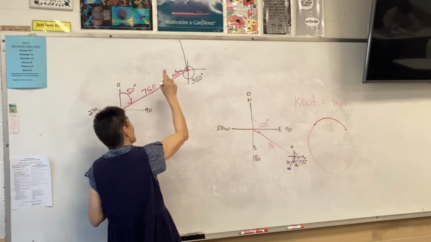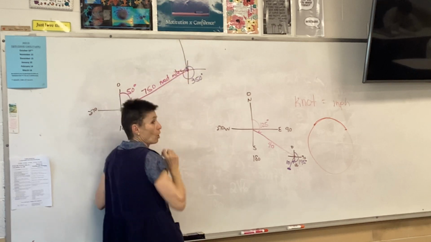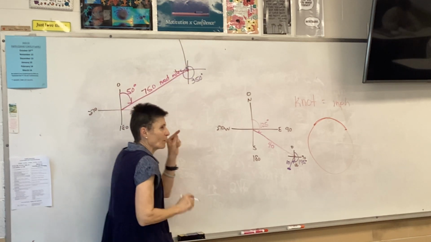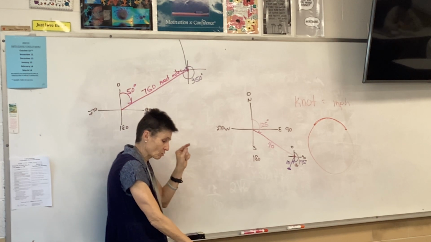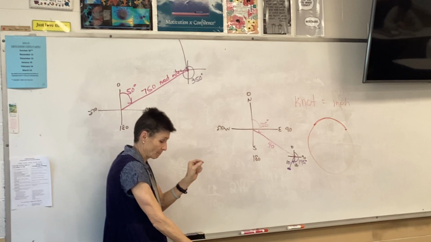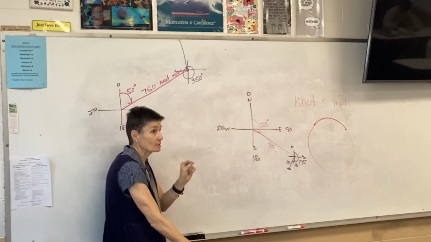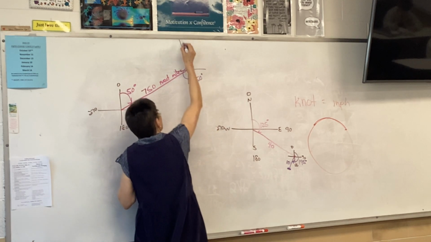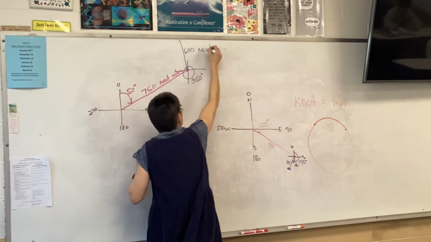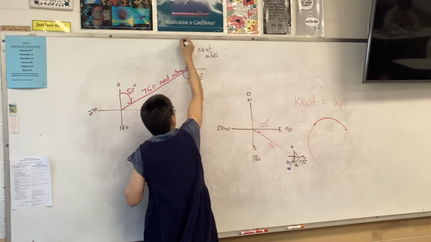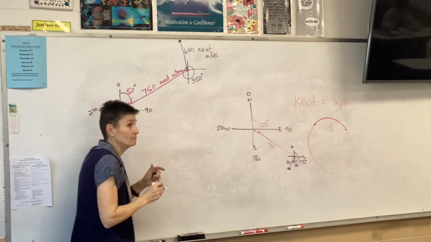I would like to make that a little bit longer, but I'm out of room. Why do I want to make it a little bit longer? Because it's almost as long as 750. Yeah, it's 300 knots for 2 hours. So if you have room on your paper, make that a little bit longer, because this is 600 nautical miles. And that's where he is now.